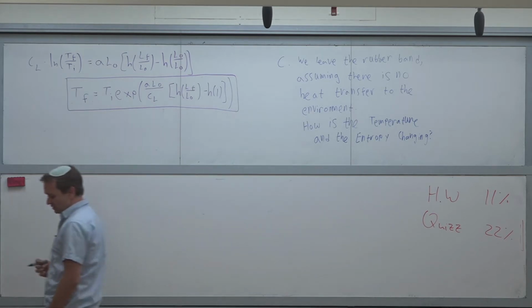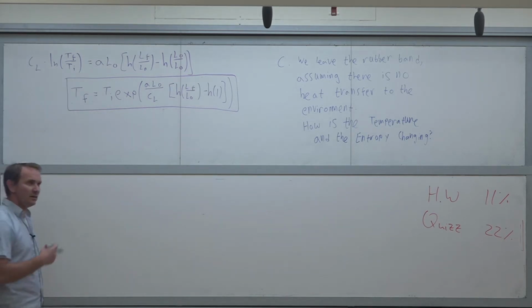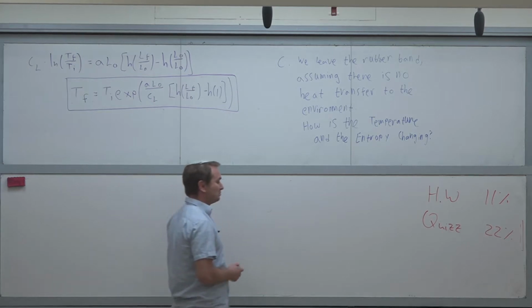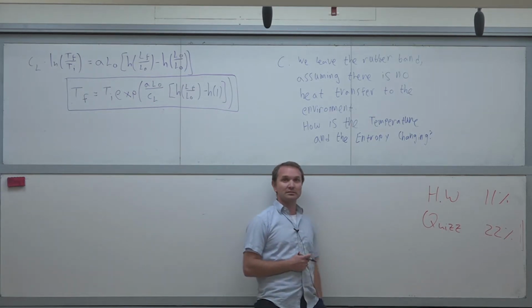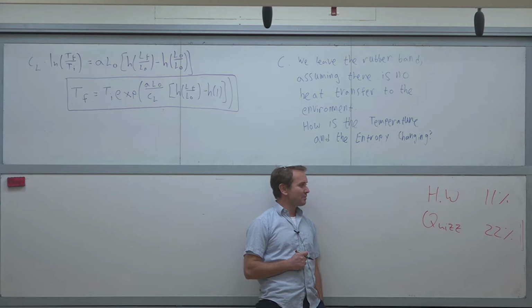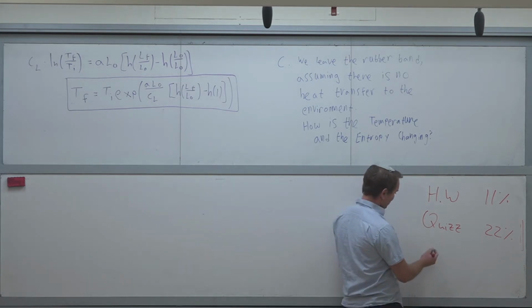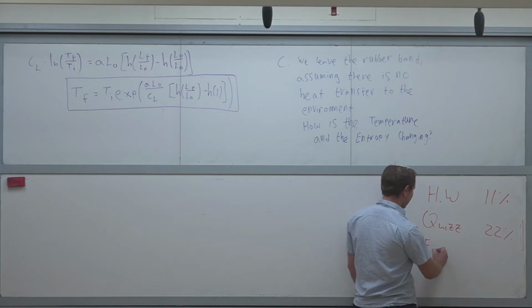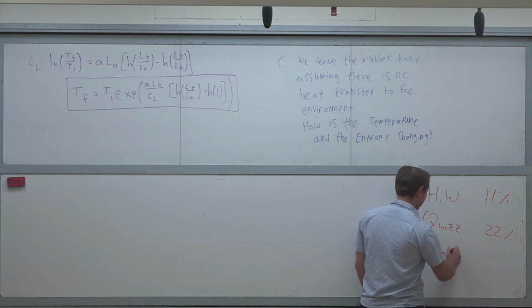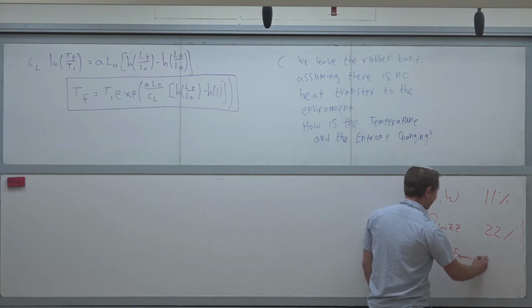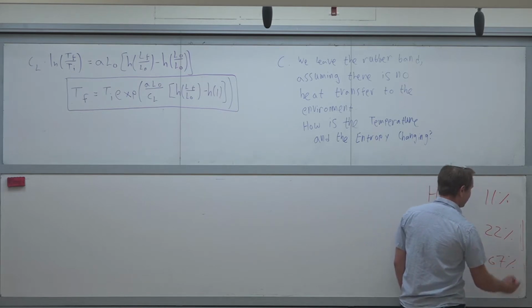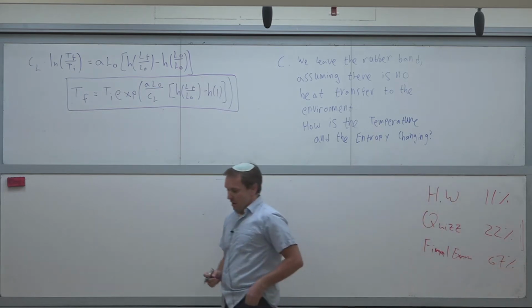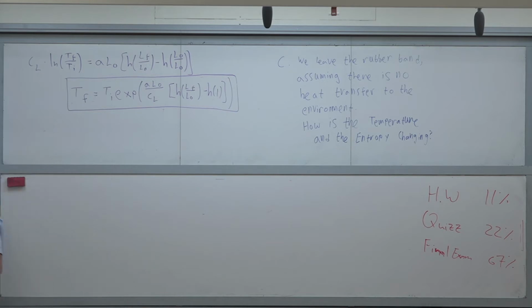There is a second chance quiz, moed bet, after the first 2 quizzes, if one needs it. The final exam is 67%. That's basically it.